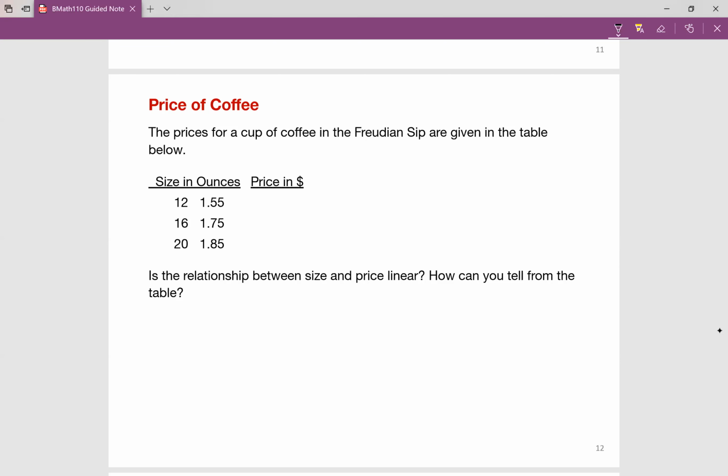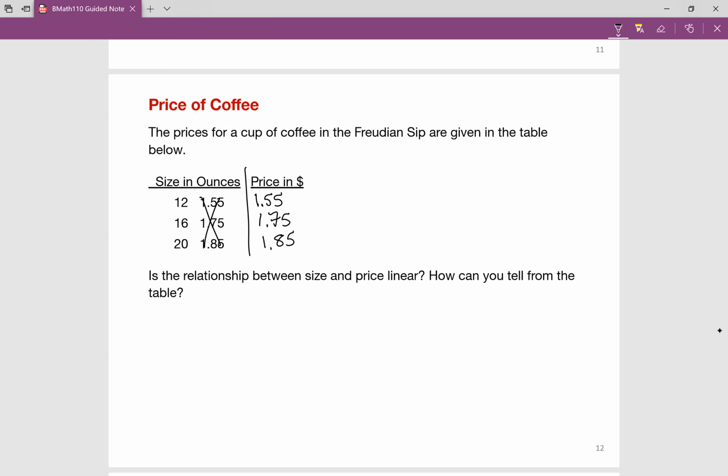Oh, this is a typo. It should be 1.55 here, 1.75 here, 1.85 here. So it's supposed to look like that. For 12 ounce, the price is 1.55. For 16, the price is 1.75. For 20, the price is 1.85.